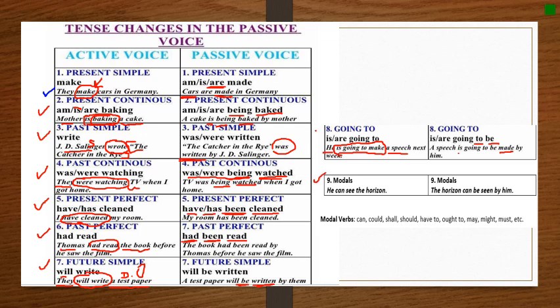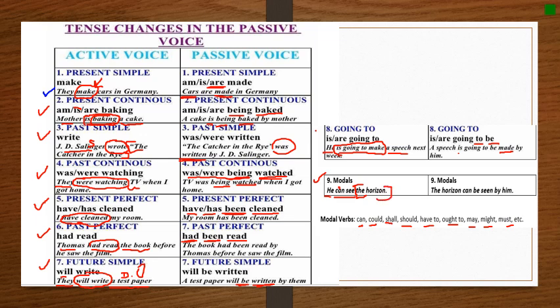Now the modals like can, could, shall, should, have to, ought to, may, might, must. Those are modal verbs. Remember, you took them in grade 6, 7 and 8. He can see the horizon. He is my subject. Can see is the verb and the modal.